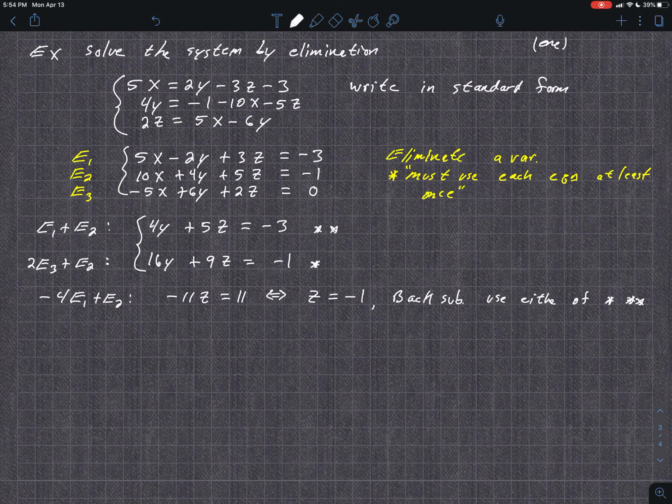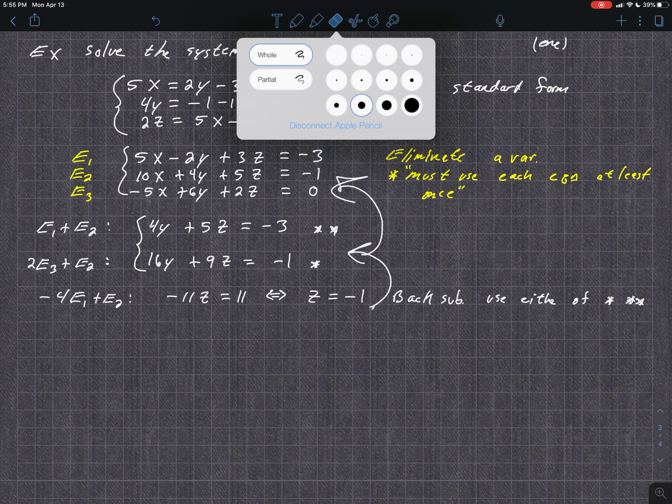So you use this one or this one. And then you solve for your y, and then you back substitute to either the original equation 1, 2, or 3 to solve for your x. So the idea is you go back to here and then you go back to here. So that's the concept.